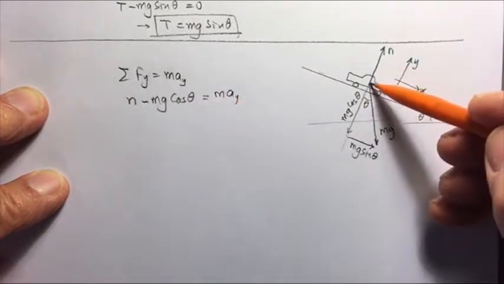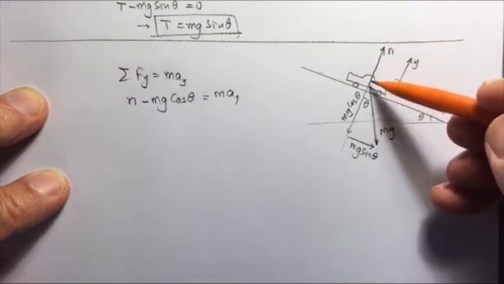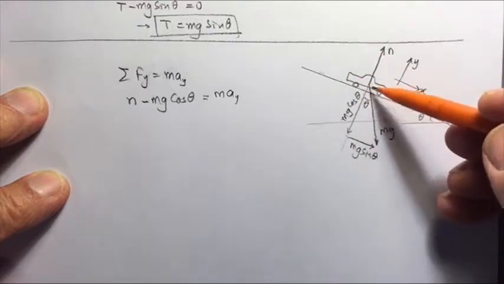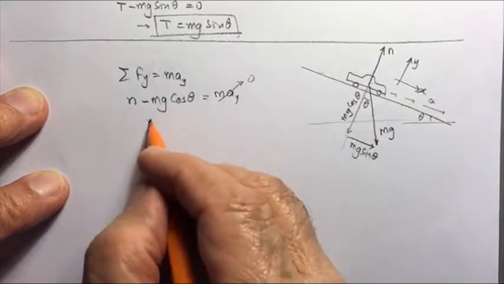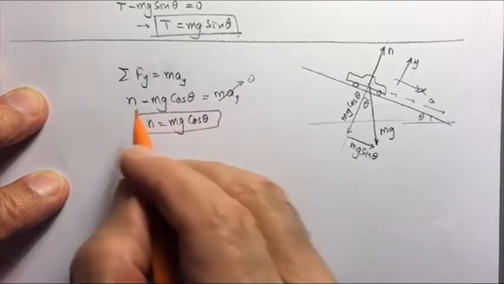Now we don't expect the car to start flying in this direction, and we don't expect it to penetrate the ground, so we don't expect that. So this is 0, and so the normal force is mg cos theta, as before in the previous problem.